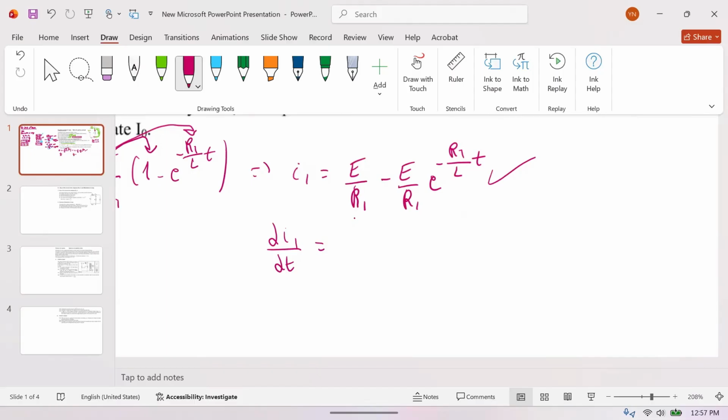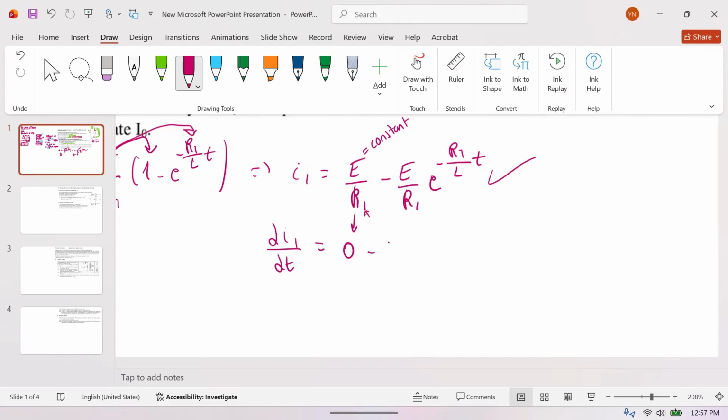The derivative of a constant: E is a constant, its value doesn't change. And the resistance also doesn't change because I have one resistor in the circuit, so why would it change? I'm not changing its value. It's not a rheostat. I'm not taking off this resistor and putting something else. So it's a constant, and the derivative of a constant by itself should be 0.